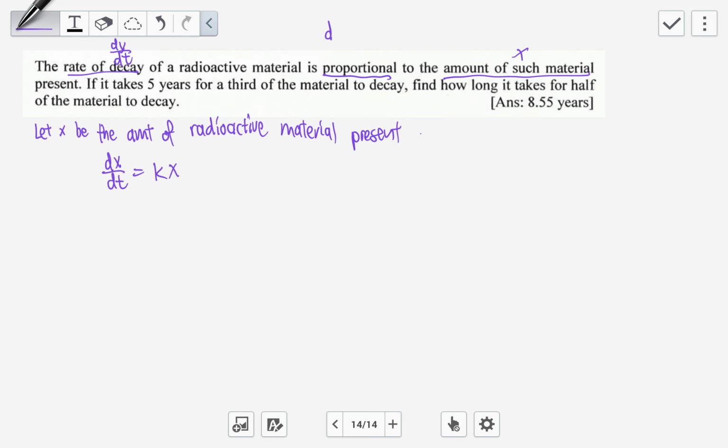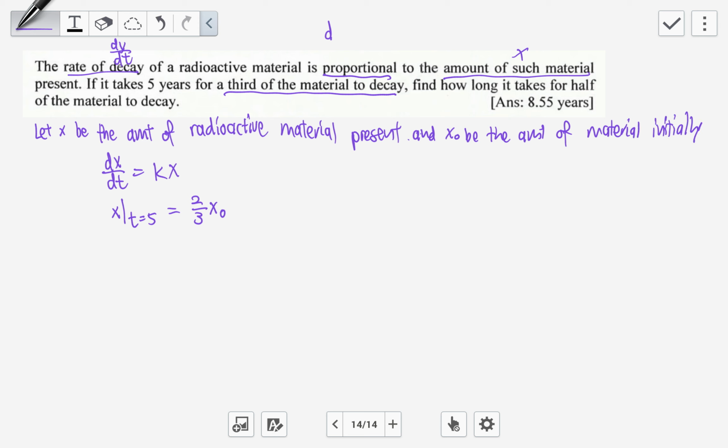If it takes 5 years for a third of the material to decay, so when t equals 5, we are left with 2/3 of what is there in the beginning, right? A third decays. Alright, so let x0 be the amount of material initially.